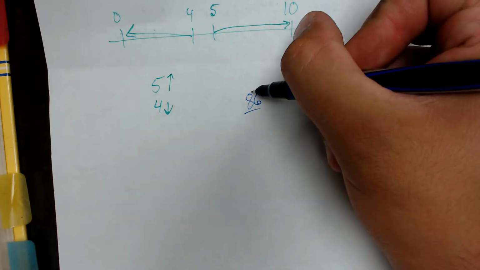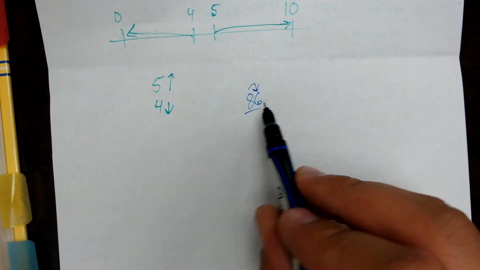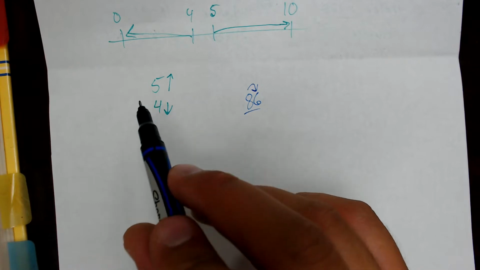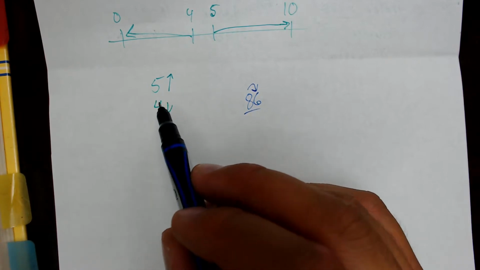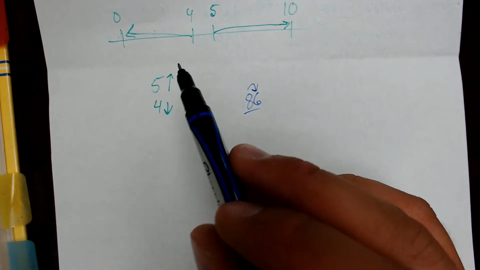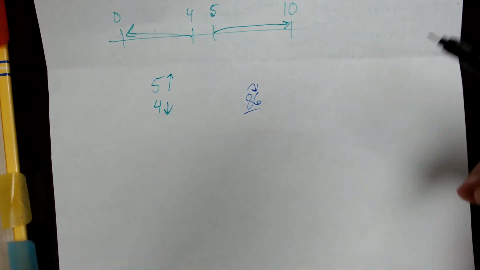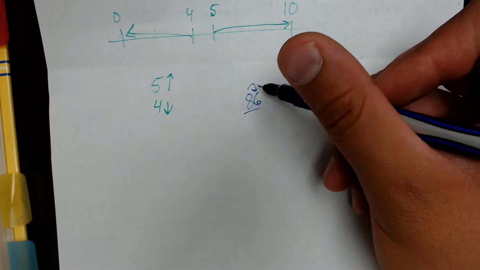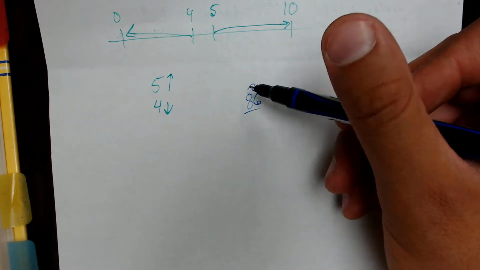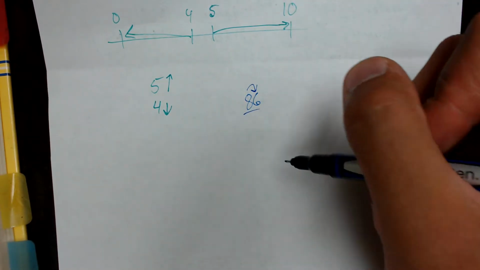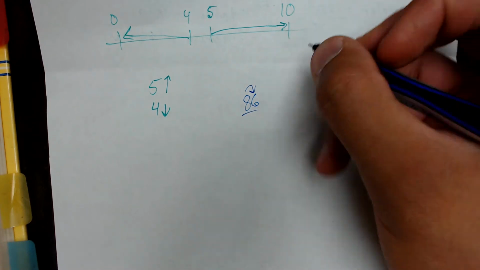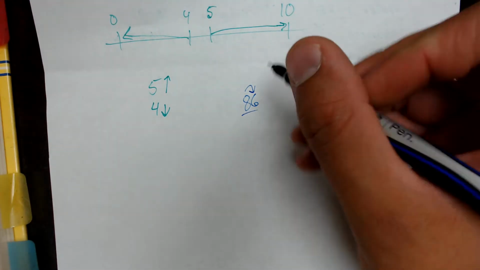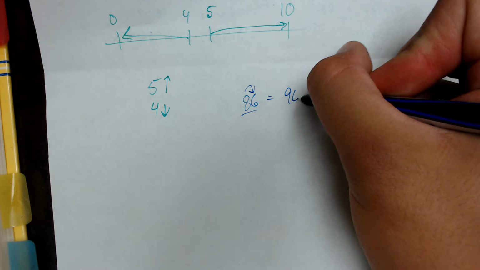I look at the number immediately to the right, and that is where I'm going to apply this rule of 5 and above up, 4 and below down. So since 6 is 5 or above, this number is going to round up. So this 8 will round up to 90. So if I want to round 86 to the nearest 10, it will be 90.